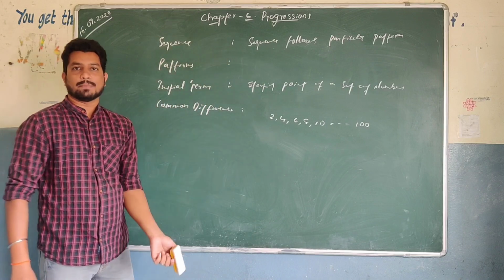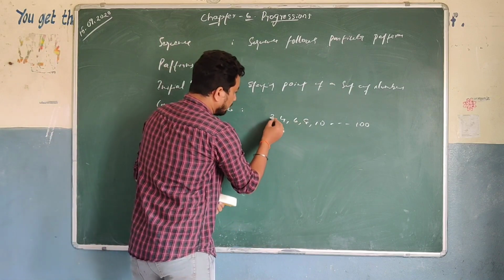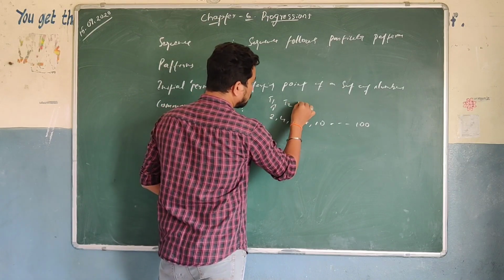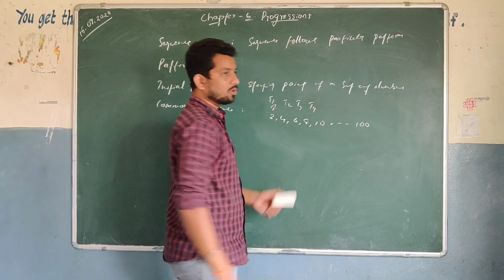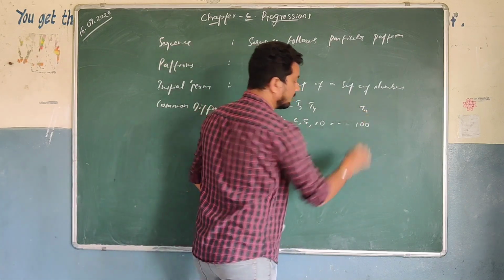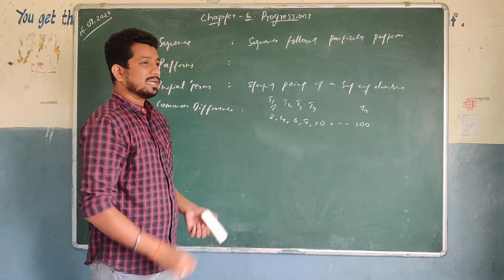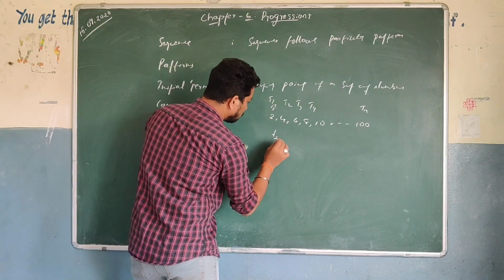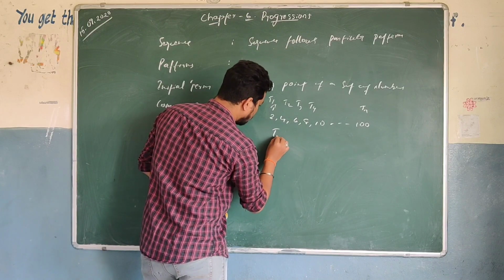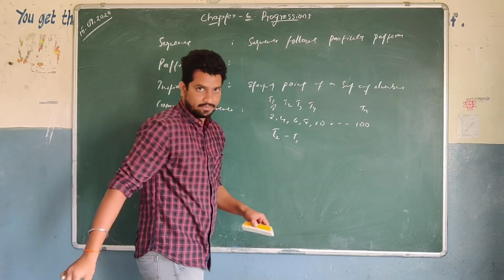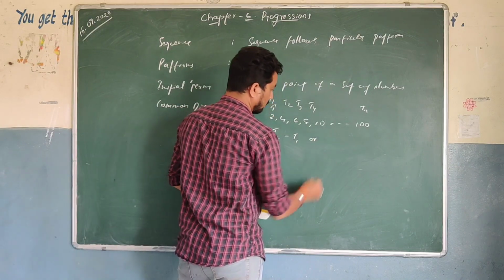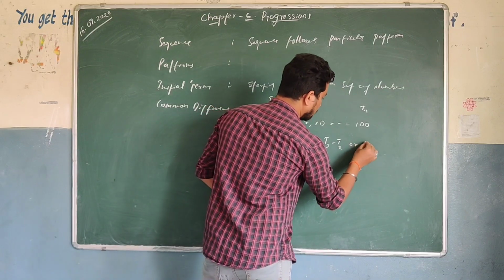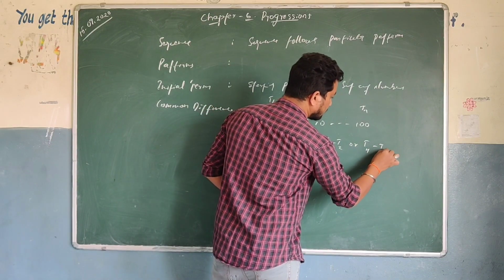Here in this particular chapter, this is called term 1, which is T1, T2, T3, T4, and so on up to Tn. Okay, so here for the common difference we have a simple formula: T2 minus T1, or T3 minus T2, or T4 minus T3.